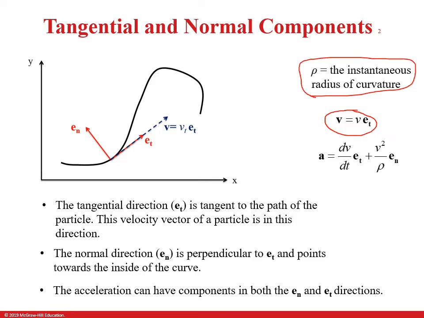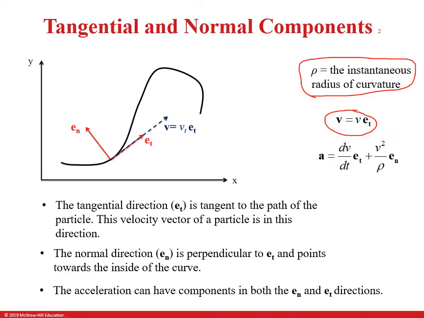Rho is going to be the instantaneous radius of curvature, and this nu is going to be the equivalent of speed. And so if we break down acceleration, it's going to be d nu dt in the tangential direction, and then in the normal direction, it is our speed squared over rho. And that is a key thing to remember as well.